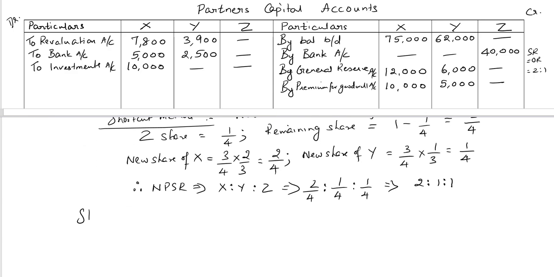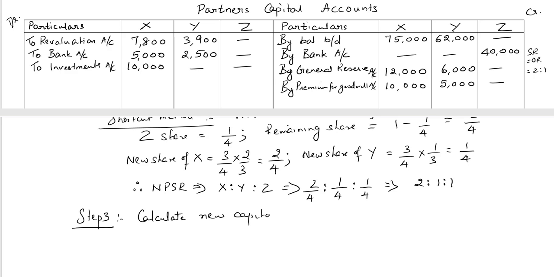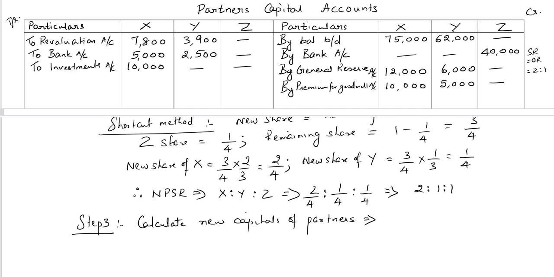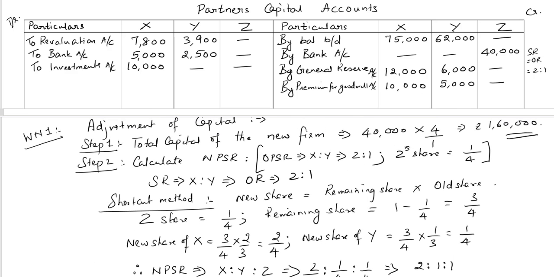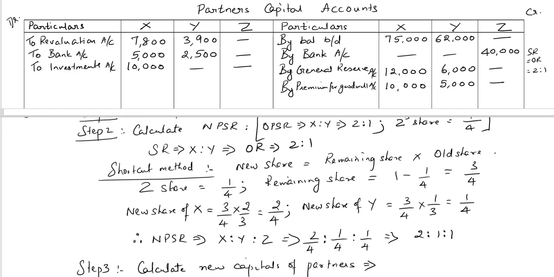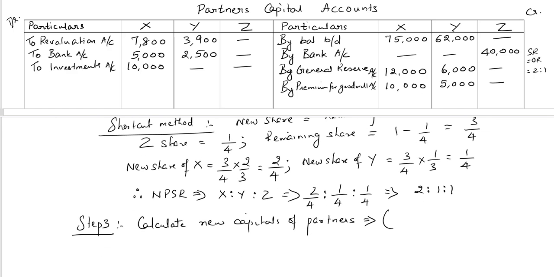Step 3 is to calculate the new capitals of the partners. We need to take the answer of step 1, which is rupees 1,60,000 here, and divide it in the NPSR of 2 is to 1 is to 1.